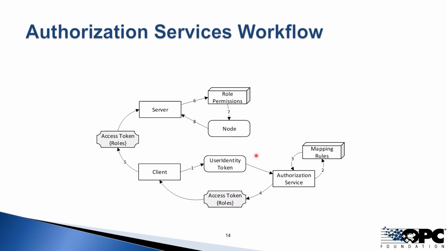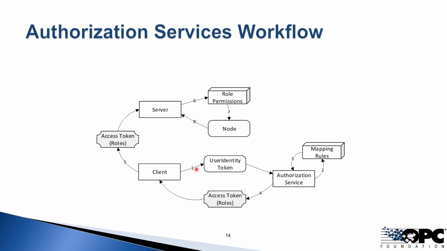So what has to happen in the flow here is the client effectively connects to the centralized authorization service and presents its user identity token, whatever that is. It could be a username and a password. It could be something else that it already has. We'll talk about that in a minute.